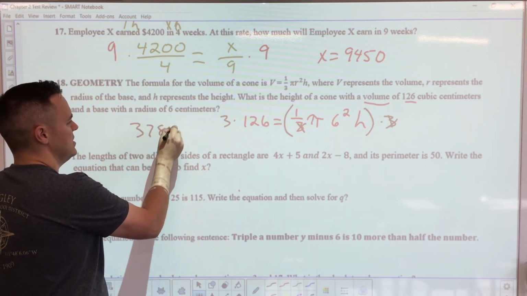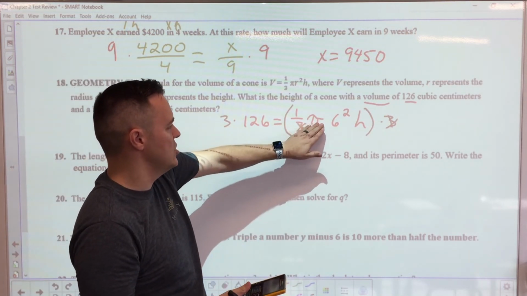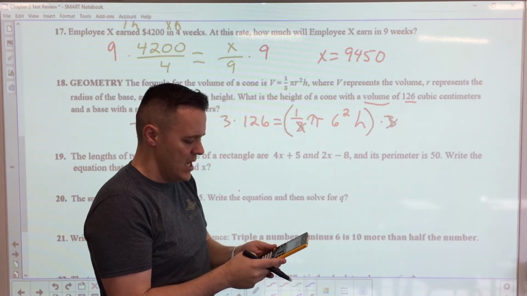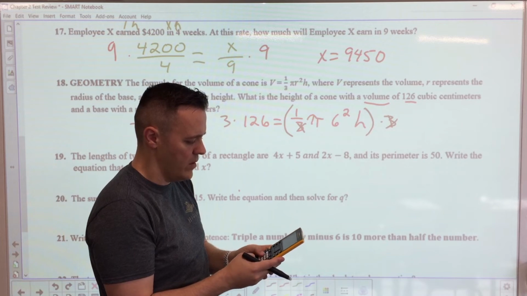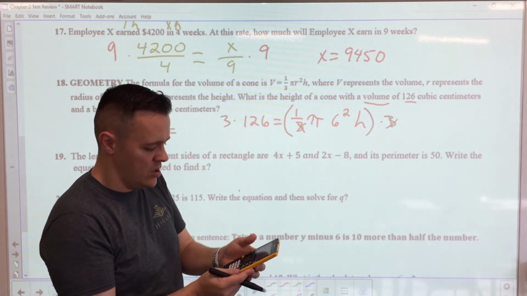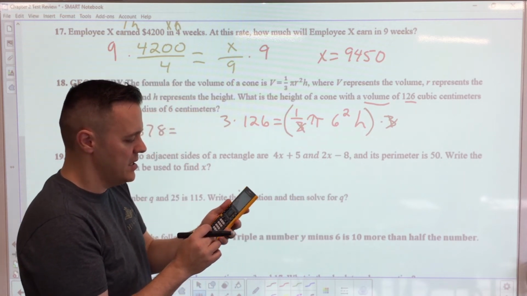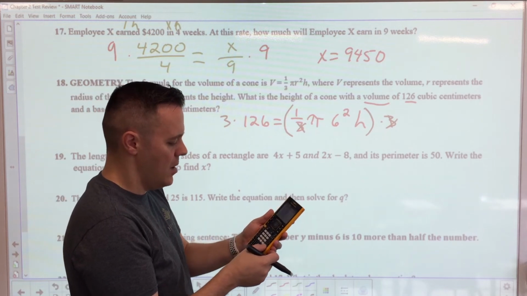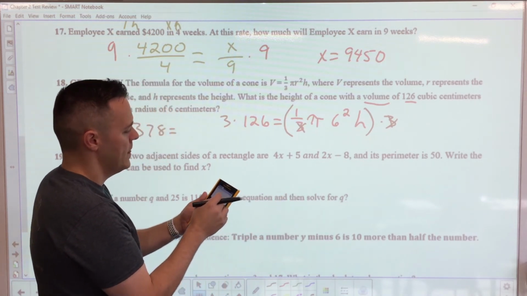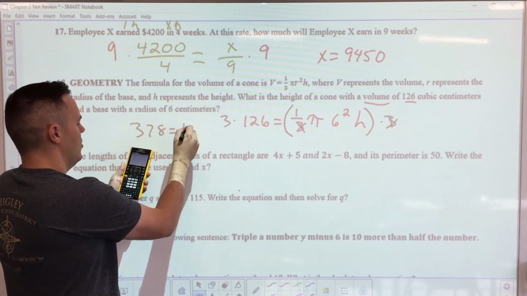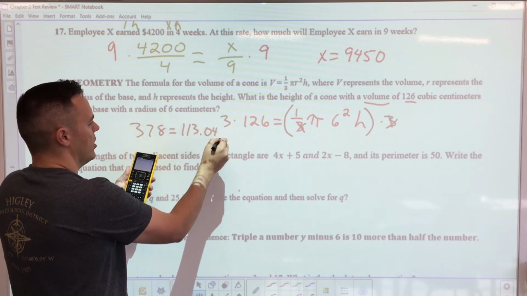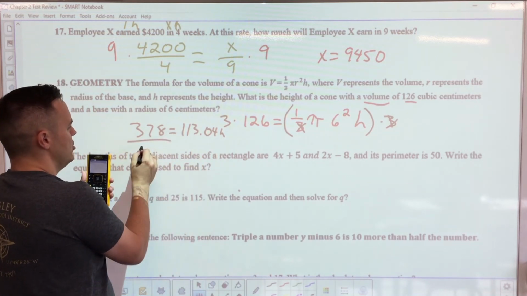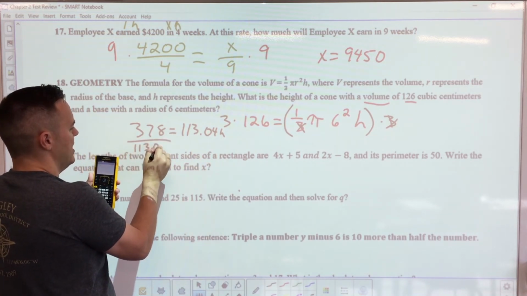So 378 equals, now what we're going to do is 6 squared is 36. So it's going to be 36 times pi, which is 3.14. On the calculators here, you can actually hit the pi that's on here. I'm not sure where it's at. Oh, it's under one of the symbols here. Or you just put in 3.14. Then you would get your answer of 113.04, and that is the coefficient of H. So I have my equation. This is multiplication, so you just divide both sides by that number.